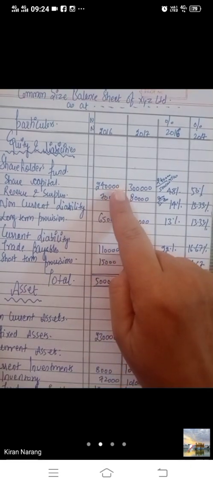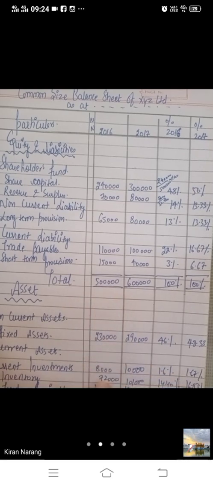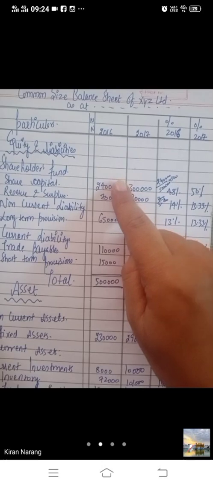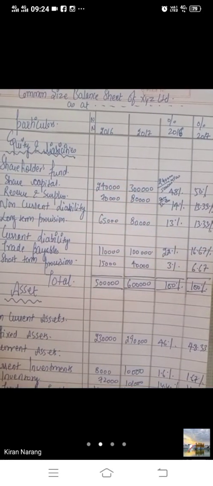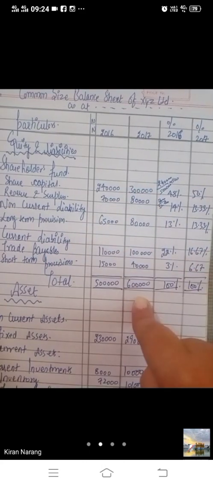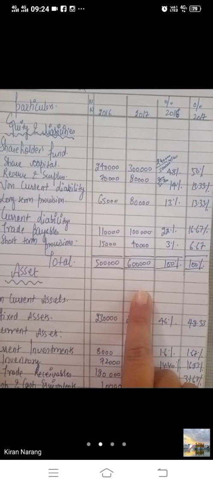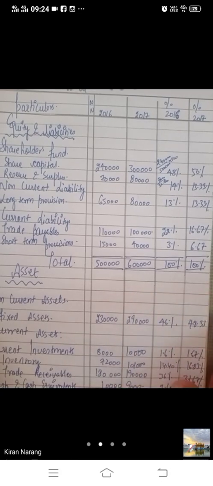The total of all the liabilities will be the base. For all the assets, the total of assets will be the base. It will be similar for 1 year. So here we have divided every figure by rupees 5 lakh into 100. And here for 2017 we have divided every figure by rupees 6 lakh into 100. Is it clear, bache? This was the common size balance sheet.